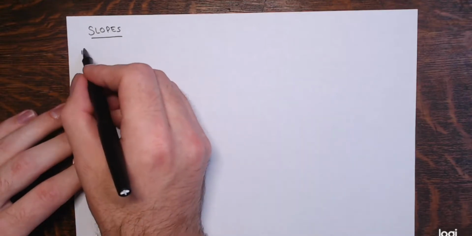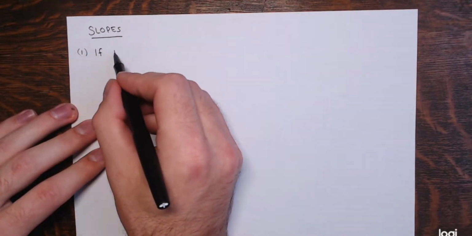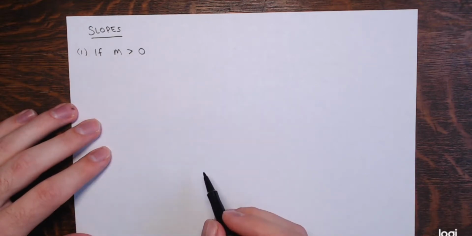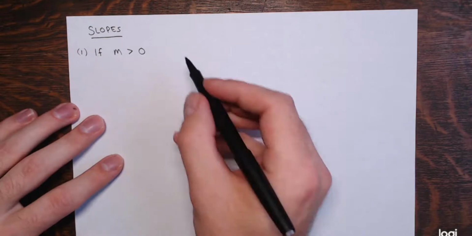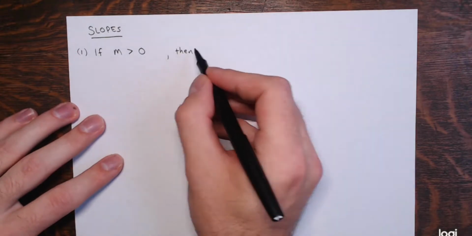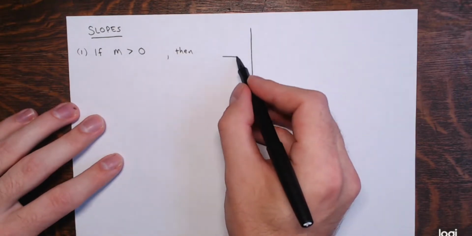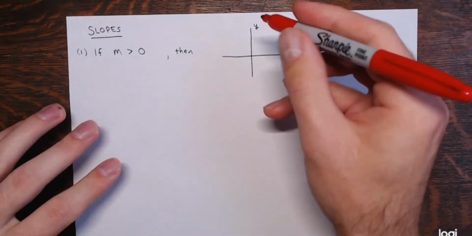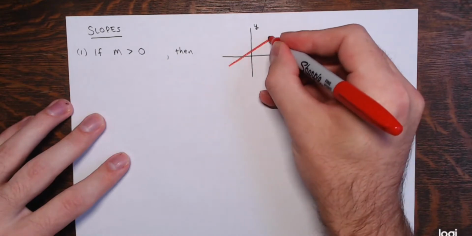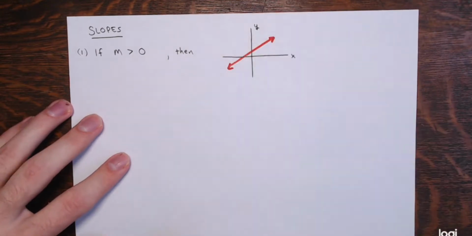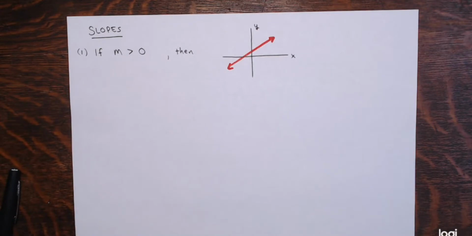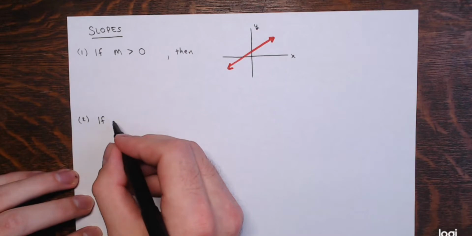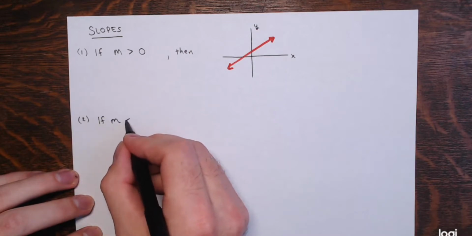So one, if the slope is positive, right? If the slope of a line is positive, then, and I'll just draw a generic graph. Here's a rough XY plane. The graph of the line will be going up to the right. 2, if the slope is less than 0, right?